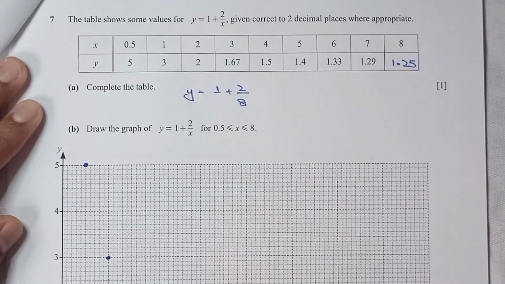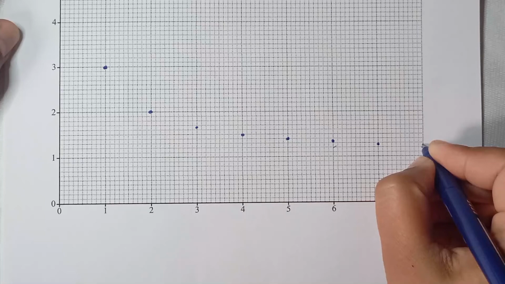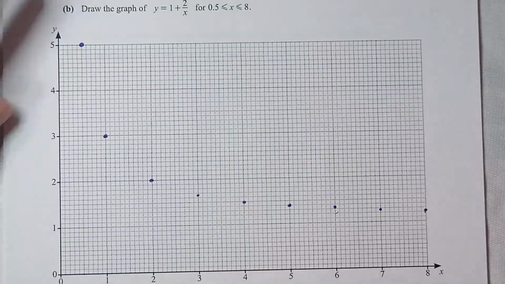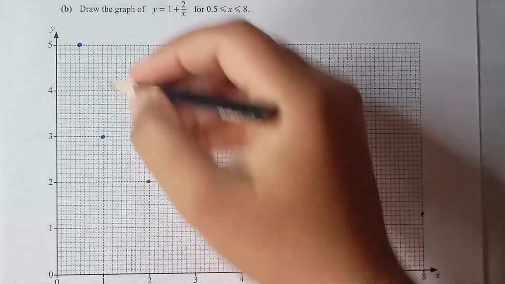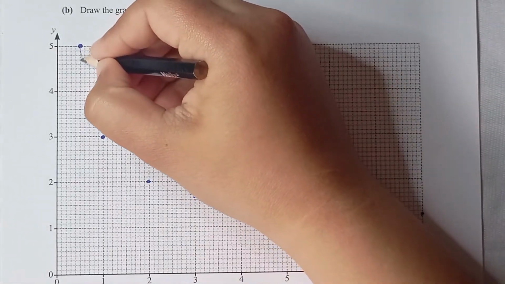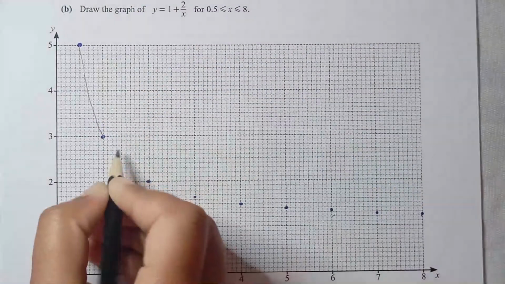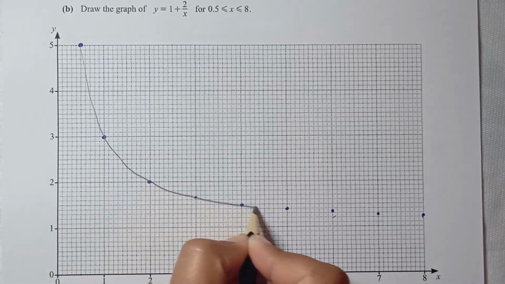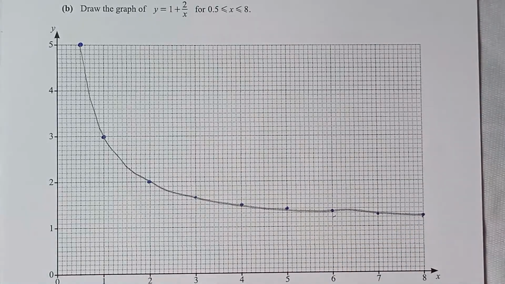And the last, 8, is 1.25. Now let me connect all the points to get a smooth curve. We start from the top point. Make sure your curve passes through each and every point. So that's the curve for the given function.